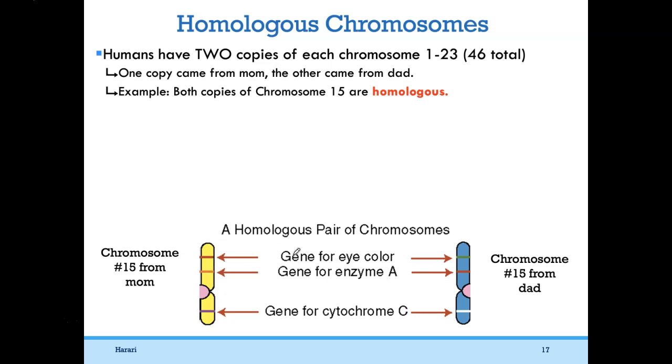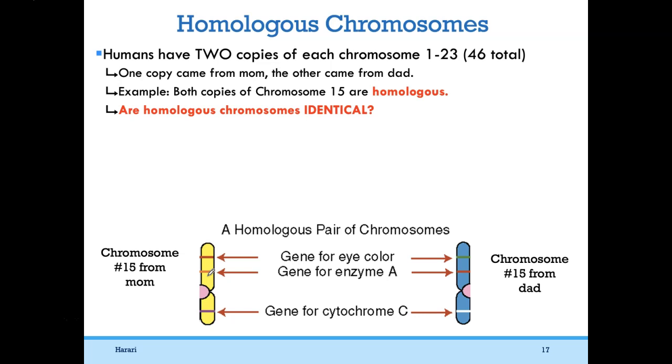One is for eye color, one is for enzyme A, and one is for an enzyme called cytochrome C. These genes are all found on chromosome 15. So the chromosome 15 you got from dad and the chromosome 15 you got from mom will have the same genes in the same locations. So now, does this mean that they are identical? Is chromosome 15 from mom identical to chromosome 15 from dad?